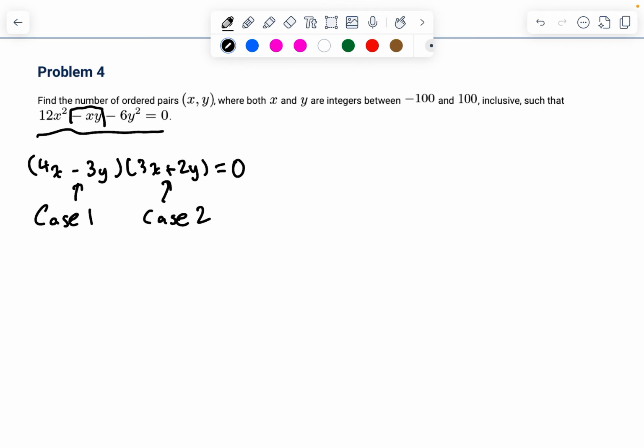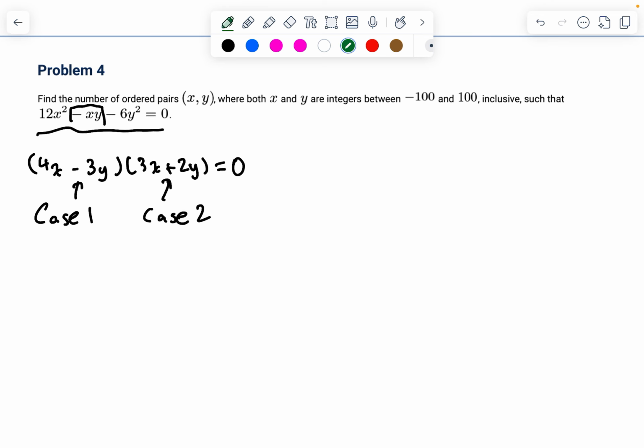And lastly, we're going to check for any cases that overlap with one another and subtract case 1.5, I'll call it. So we're going to add case 1 and case 2 together, and subtract case 1.5. That's basically what we're going to be doing.